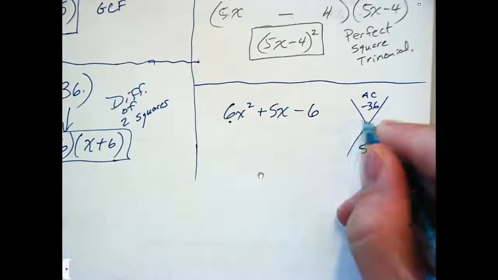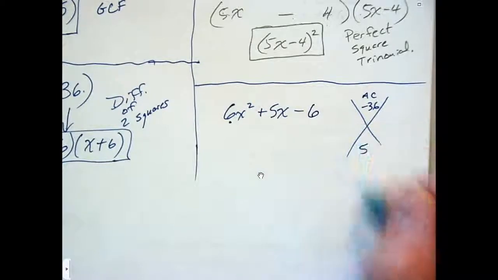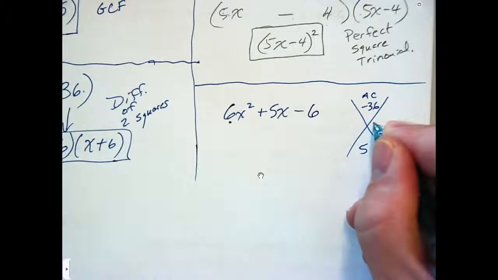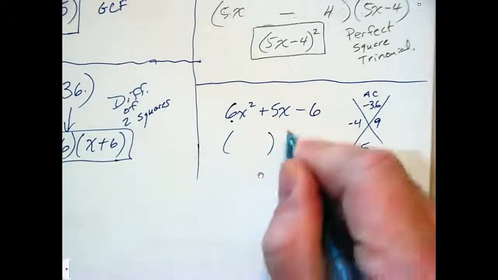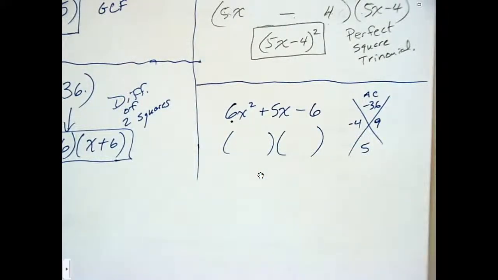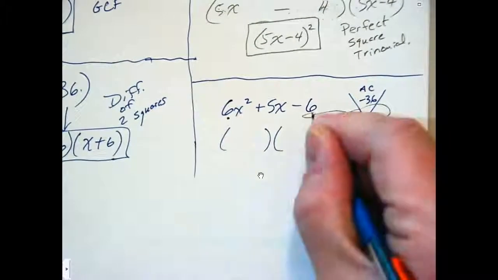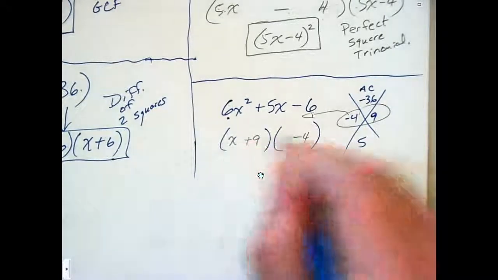We get, how about negative 4 and positive 9. That's when we set up our parentheses. We took these two pieces, pulled them in there, and we said, look, we put our minus 4 and our plus 9 along with our x's.